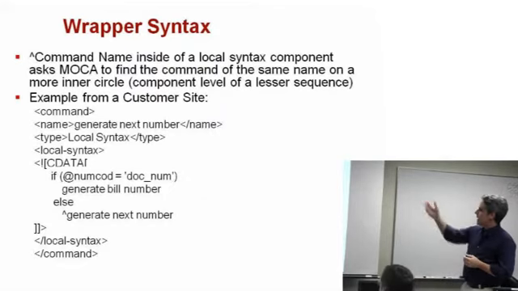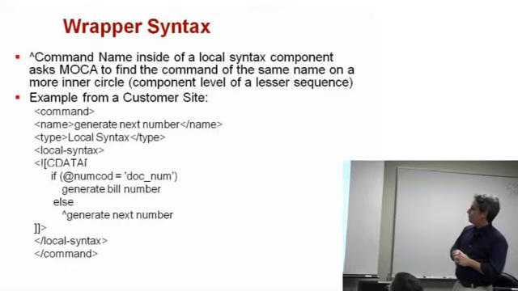So in this example, there should actually be a comment there, but if the num code is a doc num, then we're going to generate a bill of lading number. Otherwise, we're just going to call generate next num.